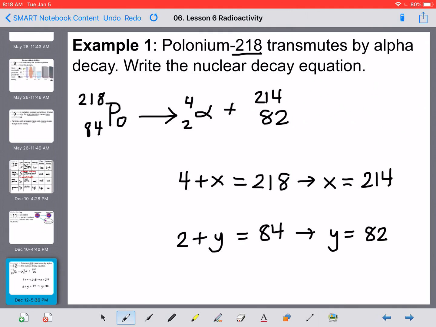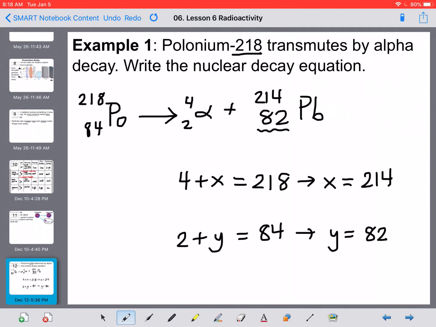So you don't look at that. When you're determining which element it is, you look at the bottom number only, because there's only one thing on the periodic table that has an atomic number of 82, and it's lead. So I'll write in the symbol for lead. So that is the nuclear decay equation.